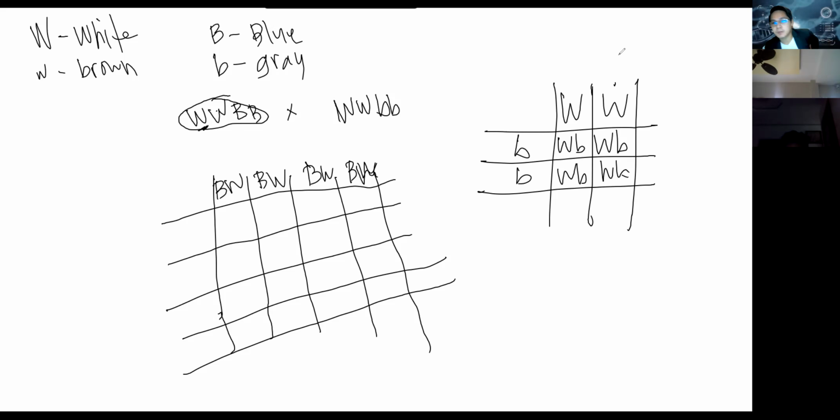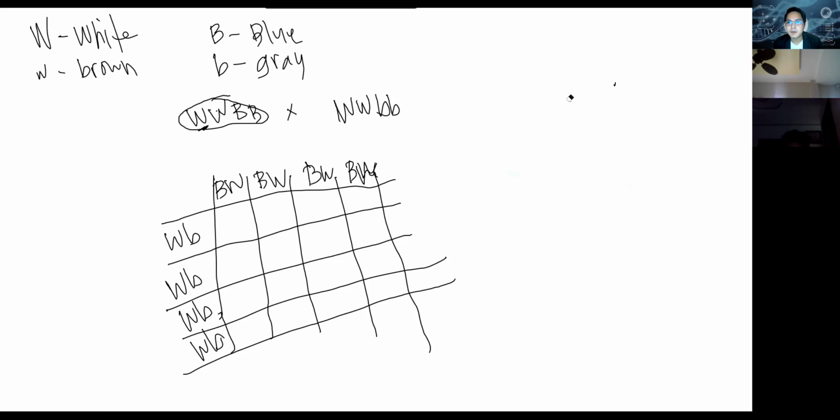So WB, WB. There you go. We extracted the variables of the crosses of this organism or the two alleles.